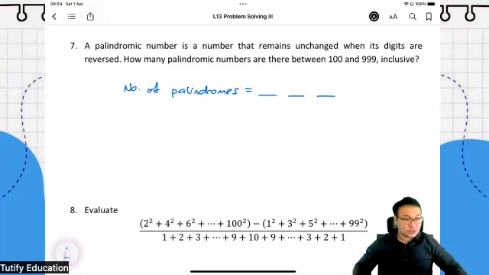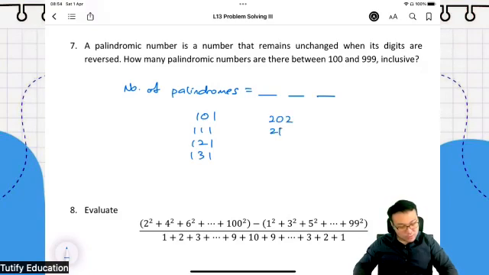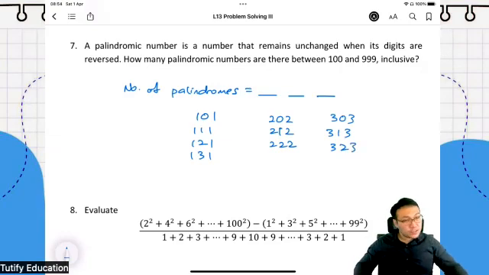Zeyu, let's write down some 3-digit palindromes, okay? Or maybe 202, 212, 222, or maybe 303, 313, 323. These are all palindromes, right, Zeyu?